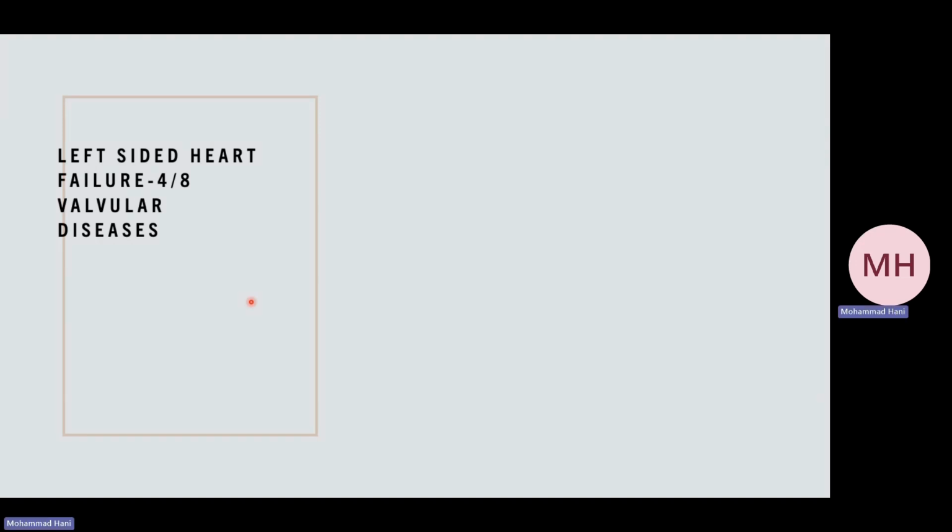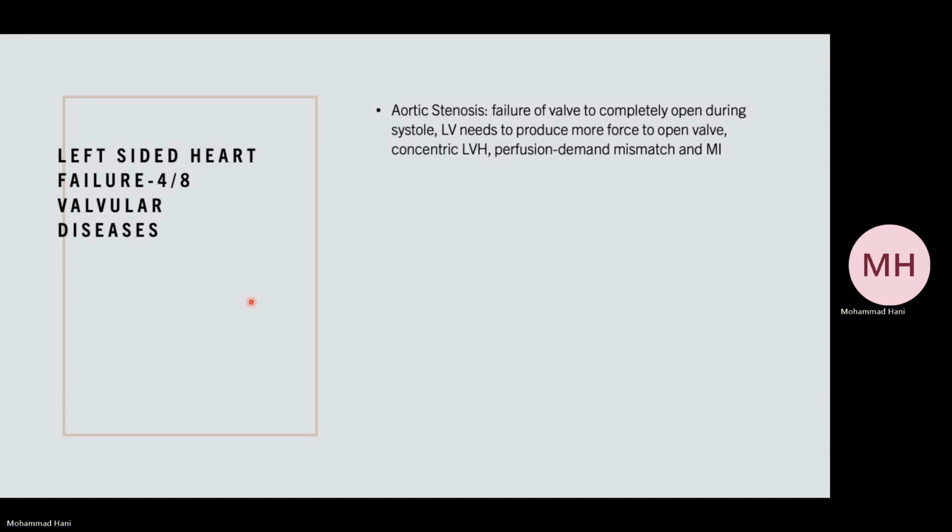Moving on to valvular diseases. The four main ones you have to know are aortic stenosis, aortic regurgitation, mitral stenosis, and mitral regurgitation. Once again, similar principle for aortic stenosis. Aortic stenosis is the failure of the valve to completely open during systole.